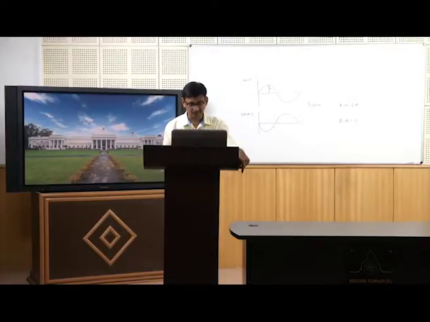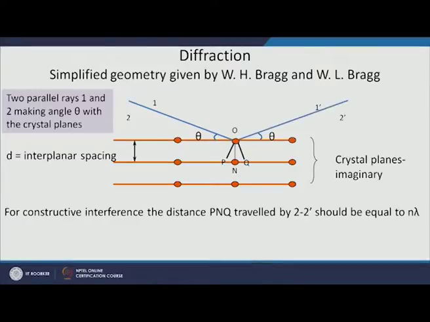So, let us see, these two waves are coming and one got scattered from this atom, another ray coming and it got scattered from this atom, okay. So, now if you see these two parallel rays which were in phase before they interacted with the atoms, okay. So, if you see the distance which they have travelled, okay, up to this particular plane, okay, which is shown by OP here, they have travelled a common distance, okay, the distance travelled by these two waves is same.